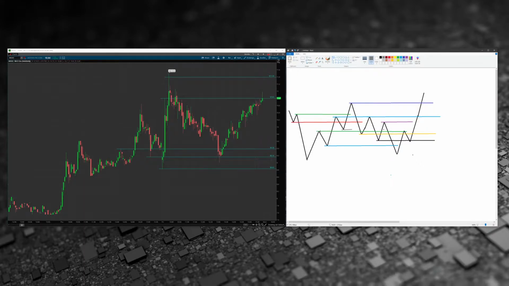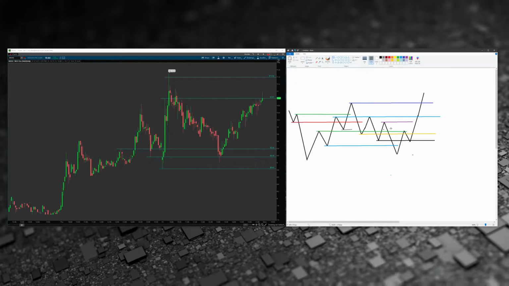It got above green here, which is valid because of green here. And we broke below that there, so we have failed to gain this level as support, and now we have lost this level as support, and it should become resistance.